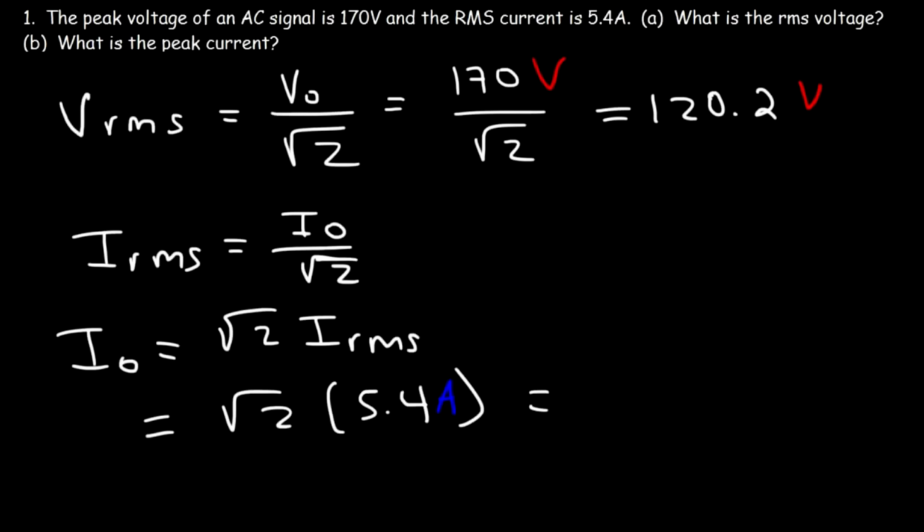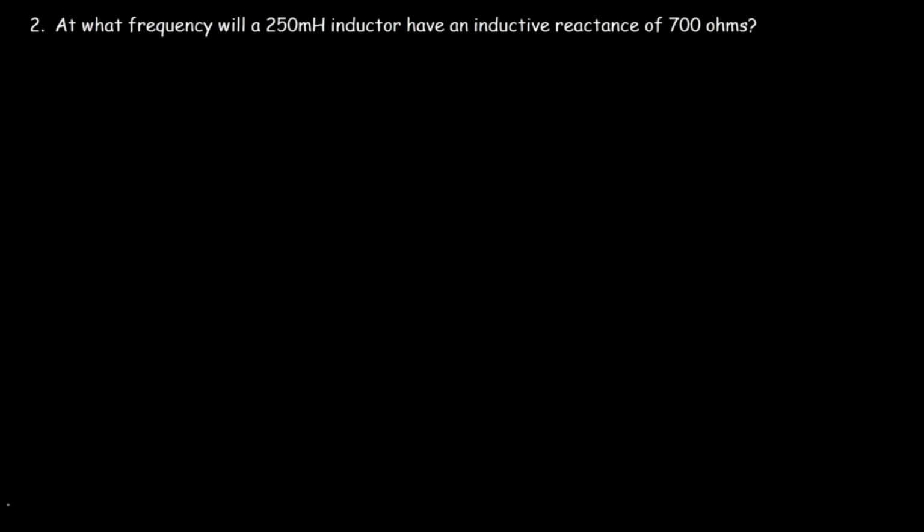So this is going to be about 7.64 amps. So the peak current is always greater than the RMS current. And the RMS voltage, or the RMS current, is always less than the peak value.